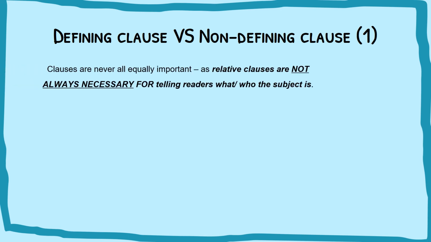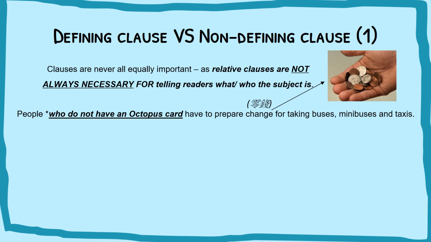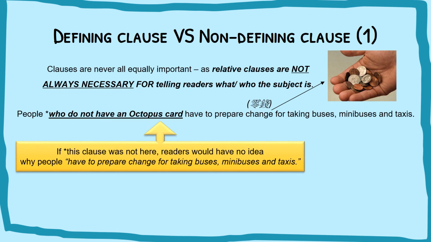So the truth is, clauses are never all equally important. The reason is, relative clauses are not always necessary for telling readers what or who the subject is. Take a look at this sentence. People who do not have an Octopus card have to prepare change for taking buses, minibuses, and taxis. So here, this clause, who do not have an Octopus card.